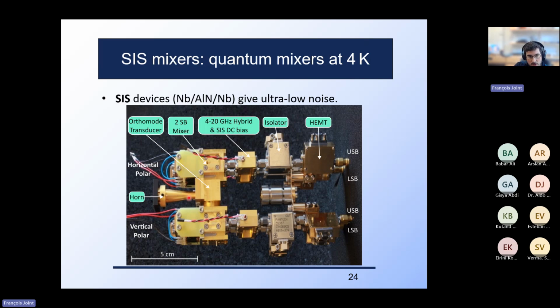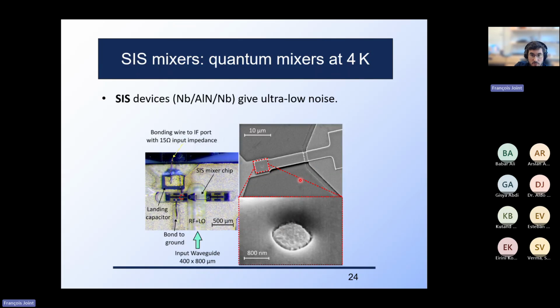I showed earlier the feed horn and the OMT, and now I will focus on the 2SB mixer itself, the SIS. At the heart of this receiver, we have the SIS mixer. It's a superconducting tunnel junction, which works at 4 Kelvin. It's quite closely related to the Nobel Prize in Physics of this year.